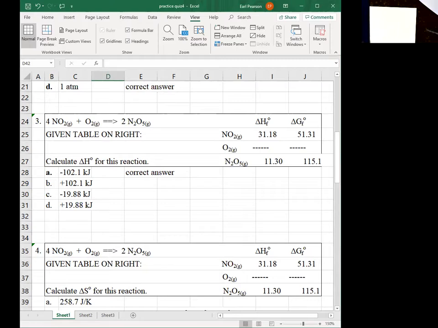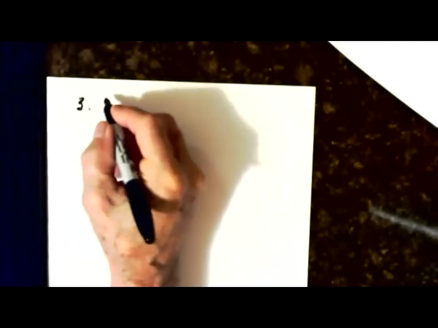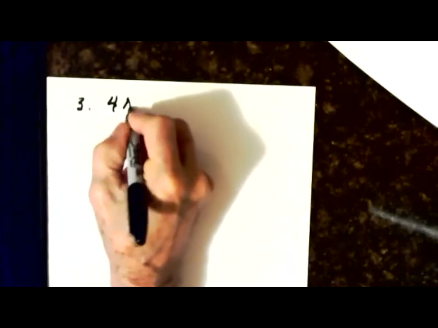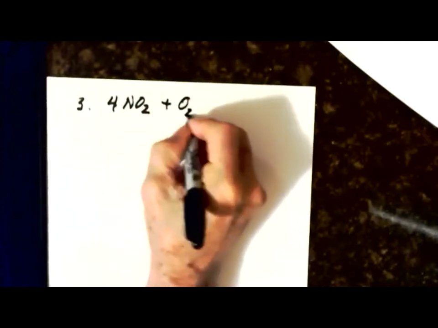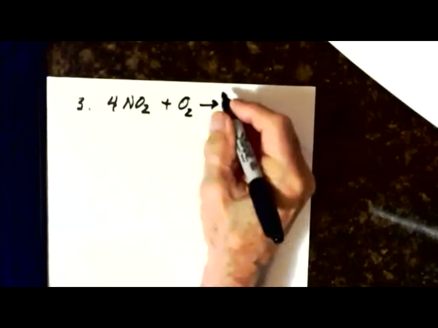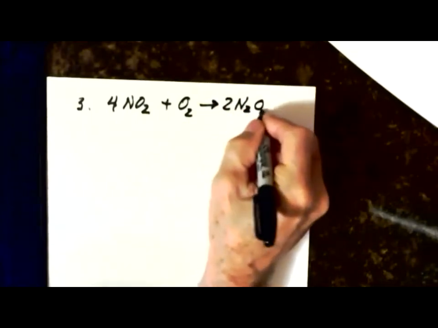Okay. All right, so let's look at the next one. We have to calculate delta H for this reaction, and it's the same reaction given in the first one. So number 3 is 4NO2 plus O2 goes to 2N2O5.